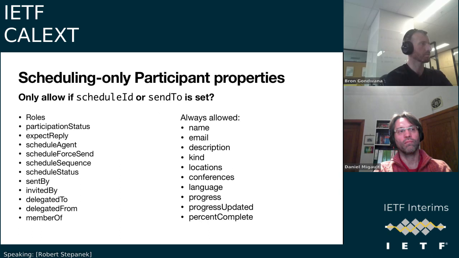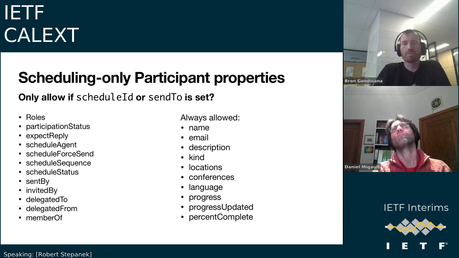So for stuff like participation status, if we decide that should be independent of a schedule ID, then we would need to come up with ways to put that into a participant component, which is obviously doable, but I just brought it up here.